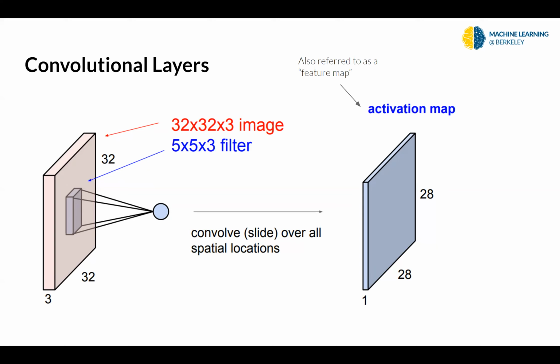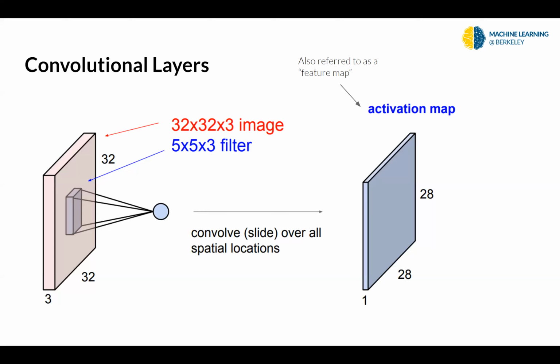Images normally have three channels: if you have a colored image, it has red, green, and blue. We run a filter over that image, and we take the dot product of that filter with the image at every single point, and in the end, that results in this activation map.